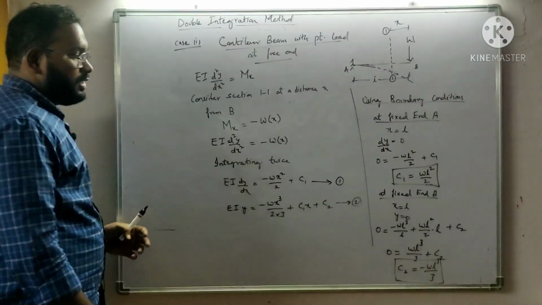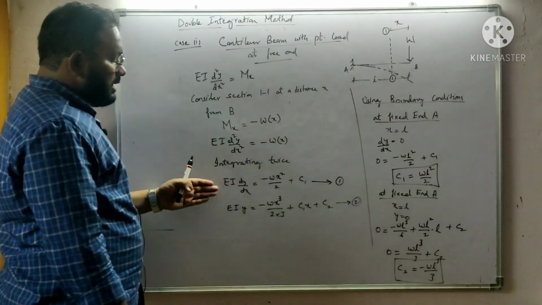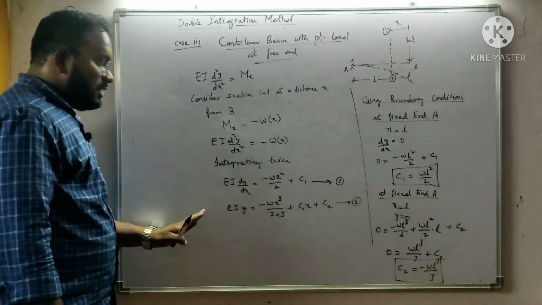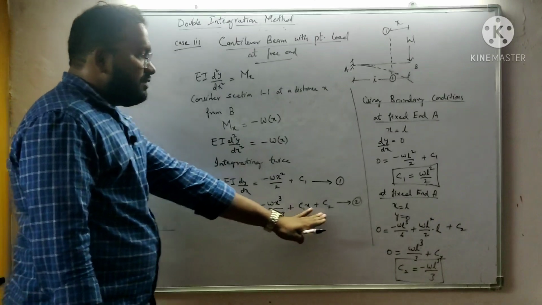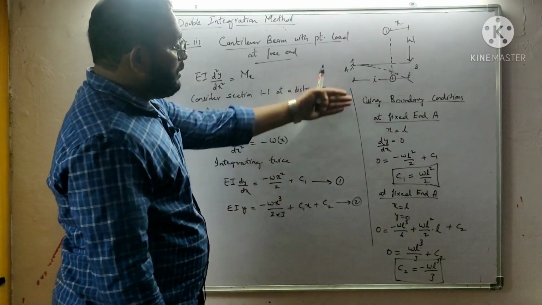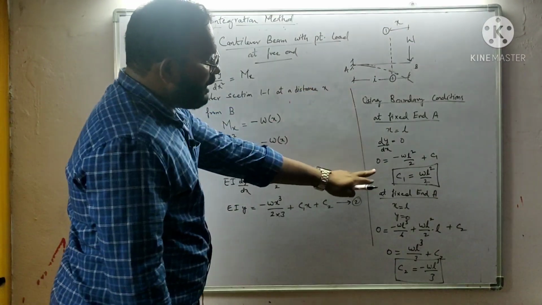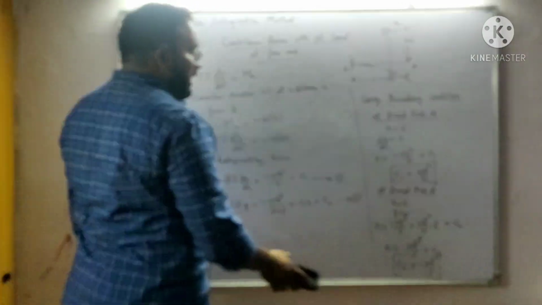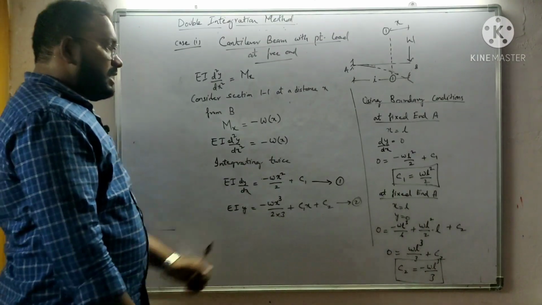Now these values of C1 and C2 are to be substituted back in equation number 1 and equation number 2. So you have used boundary conditions to calculate C1 and C2. We'll write the equations again.